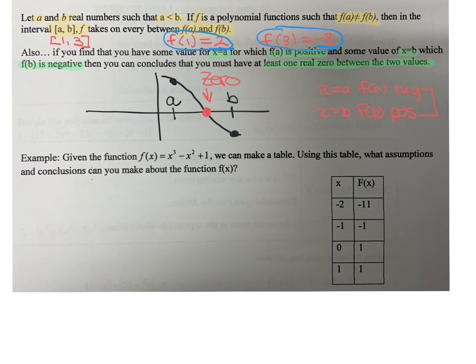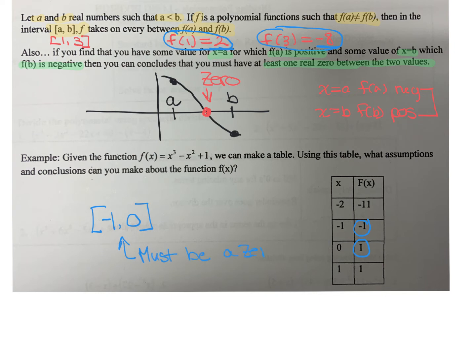It says, given this function, we make a table. Using the table, what assumptions or conclusions can you make about the polynomial f of x? Well, right here, do you see how I go from negative to positive? That means somewhere between -1 and 0, somewhere in this interval, there must be a zero.